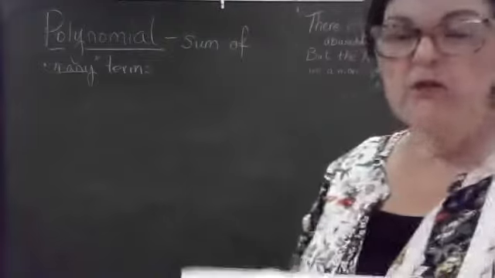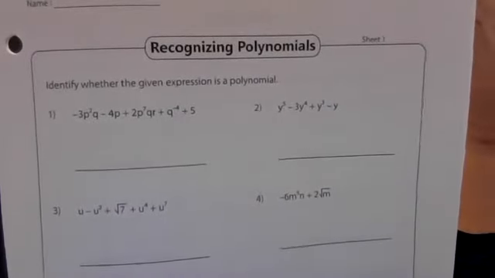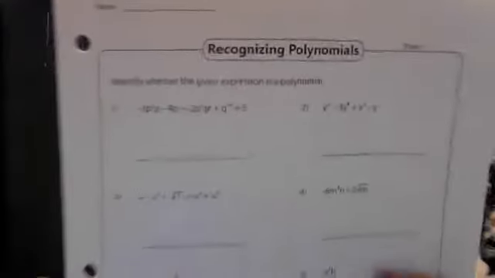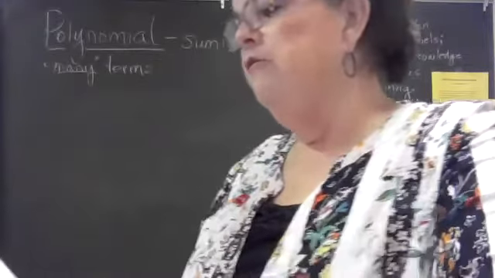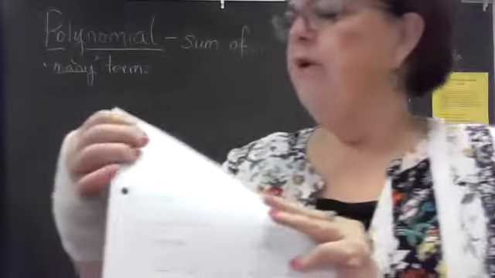Now, the first page that we're going to look at, all you have to do on this page is decide which of these are polynomials and which aren't. Now, on the answer sheet, they say not a polynomial. You can say yes or no on the line if you want to. So let's look at number 1, and I'm just going to show you on the screen rather than write it.